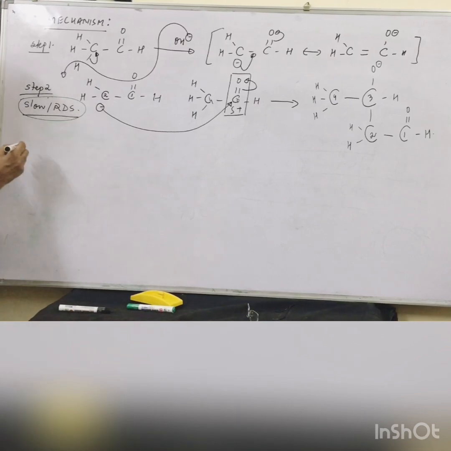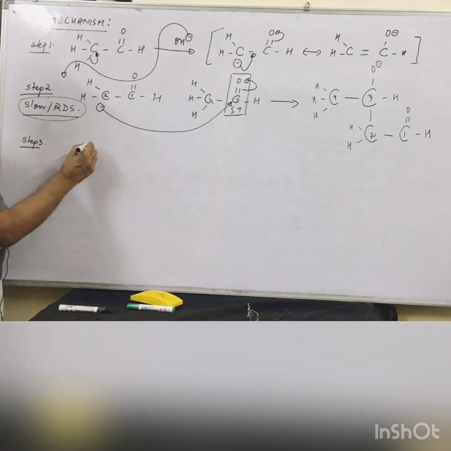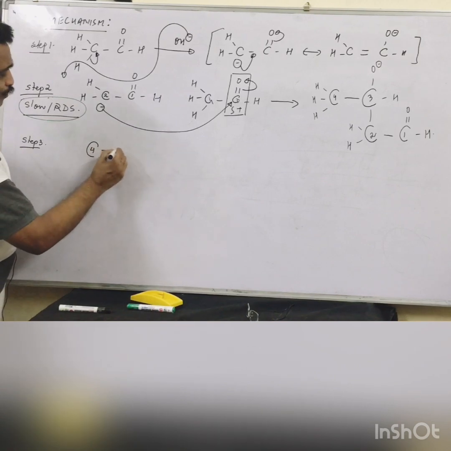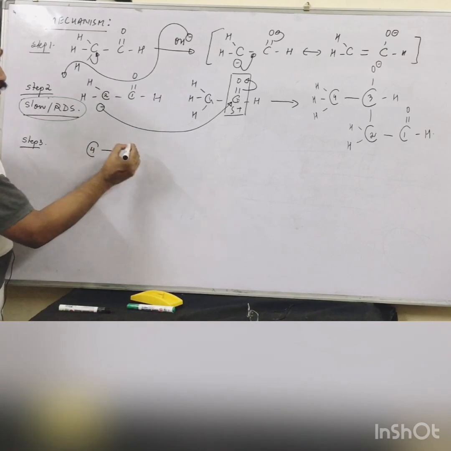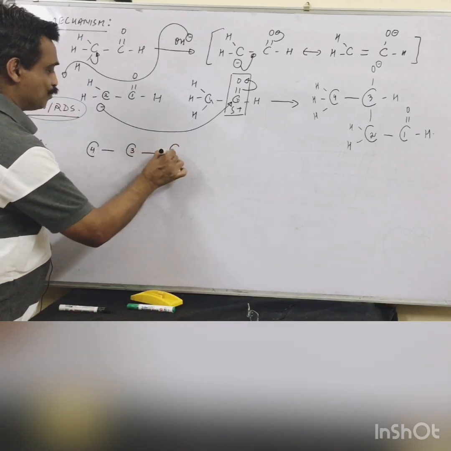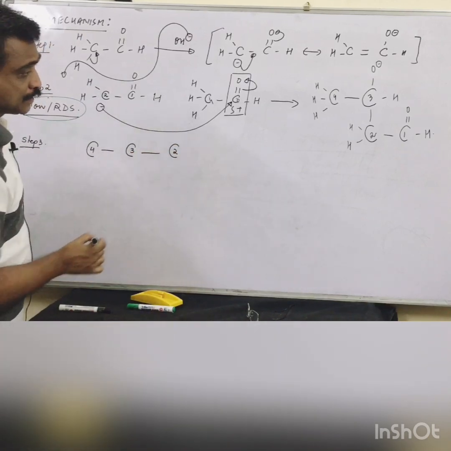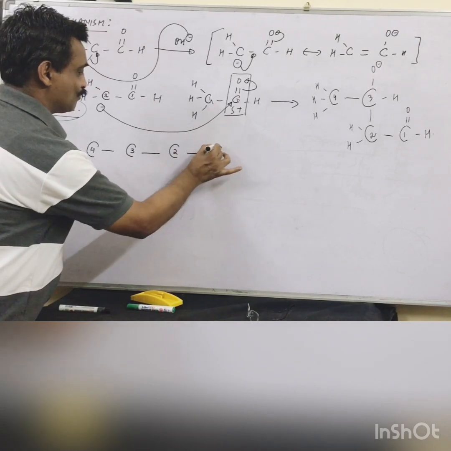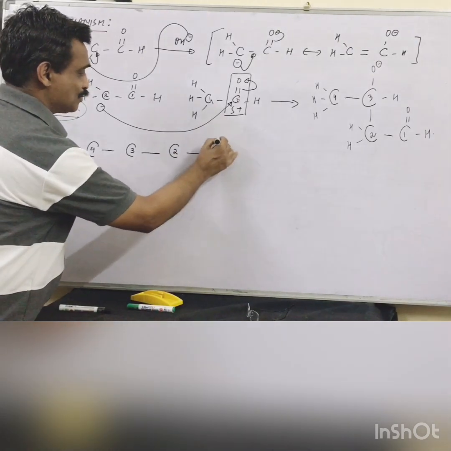We will do step 3 very quickly now. Step 3 is: we have carbon 4, we have carbon 3. Carbon 3 is attached to carbon number 2, and carbon 2 is attached to carbon number 1. Now tell me the bonds and all.